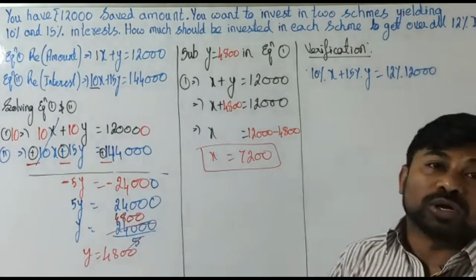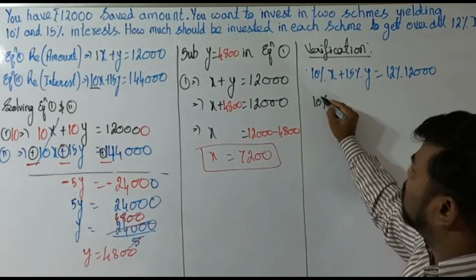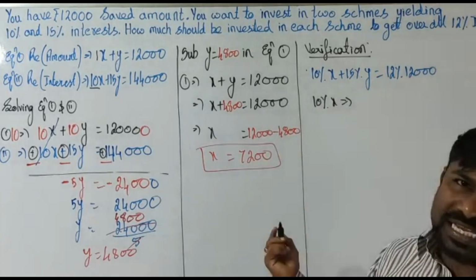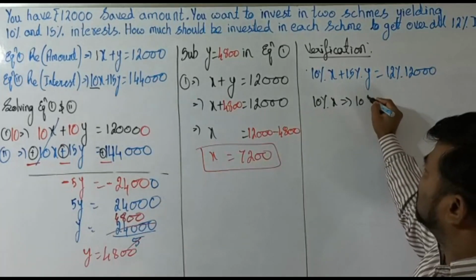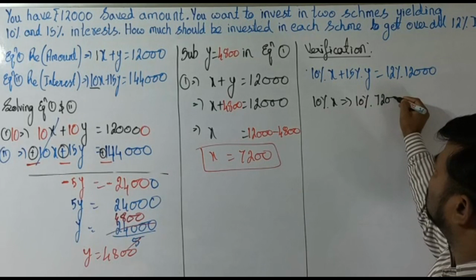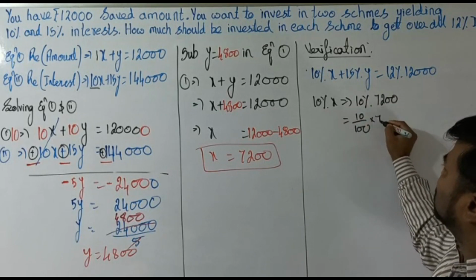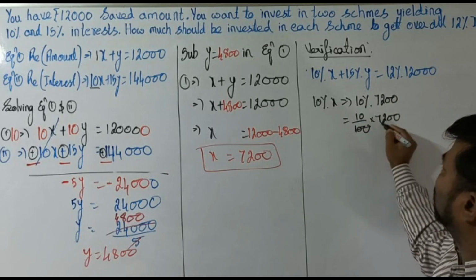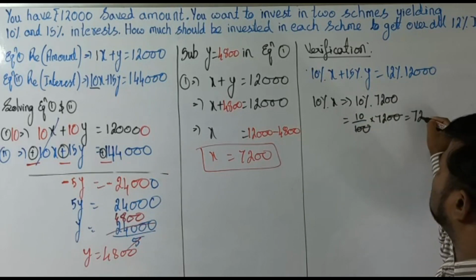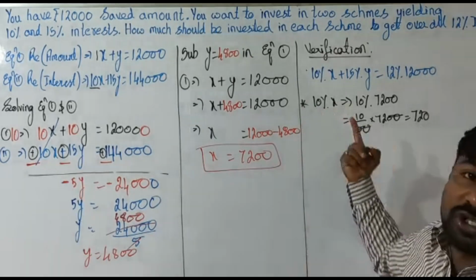Let's verify. What is 10% of x? The x amount is 7200. So 10 by 100 times 7200, if you cancel it out, is 720. Rupees 720 is 10% of x.